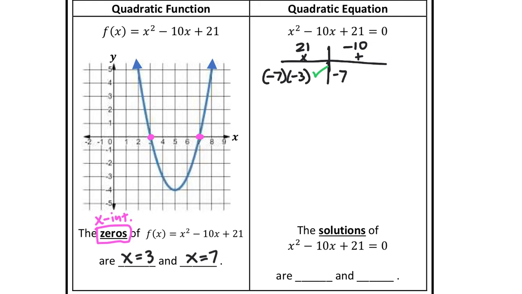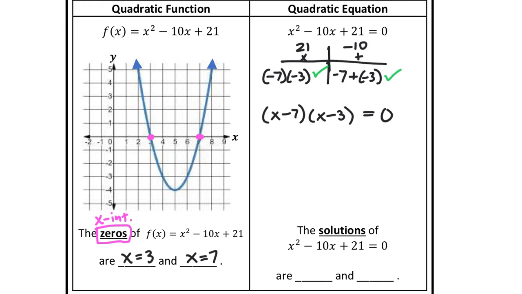And negative 7 plus negative 3 is equal to negative 10. So 2 check marks. So that means that my answers are x minus 7, x minus 3 equals 0. Do I have to divide these by anything? No, because there's nothing in front of the x squared.